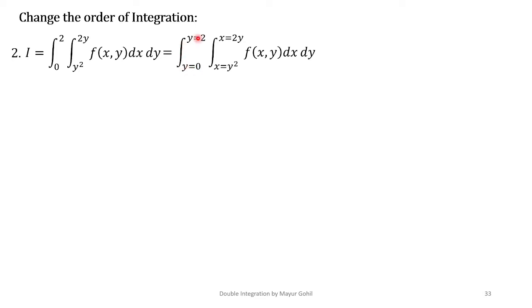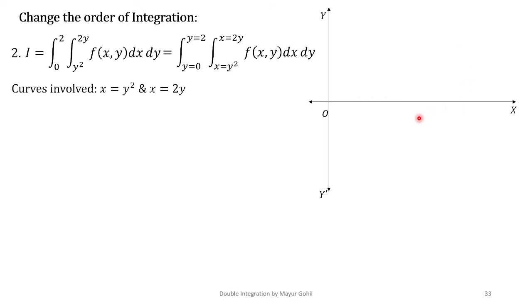Now immediately when you write this, you can understand that the curves involved in the following double integral are x equals y square, x equals 2y. Alright, those are the curves.